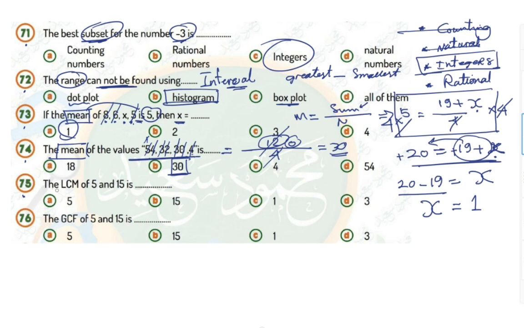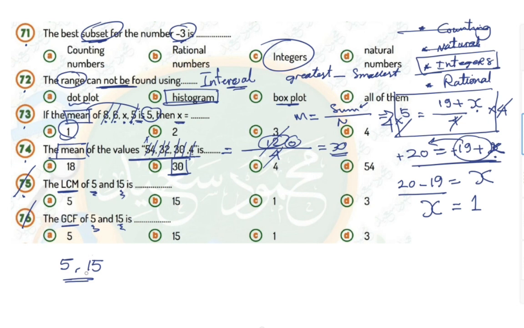75. The LCM of 5 and 15. Look here, we have two questions with the same numbers, 5 and 15. But in the first question he needs the LCM, and here he needs the GCF. Okay, what do you notice about 5 and 15? We have a special case.